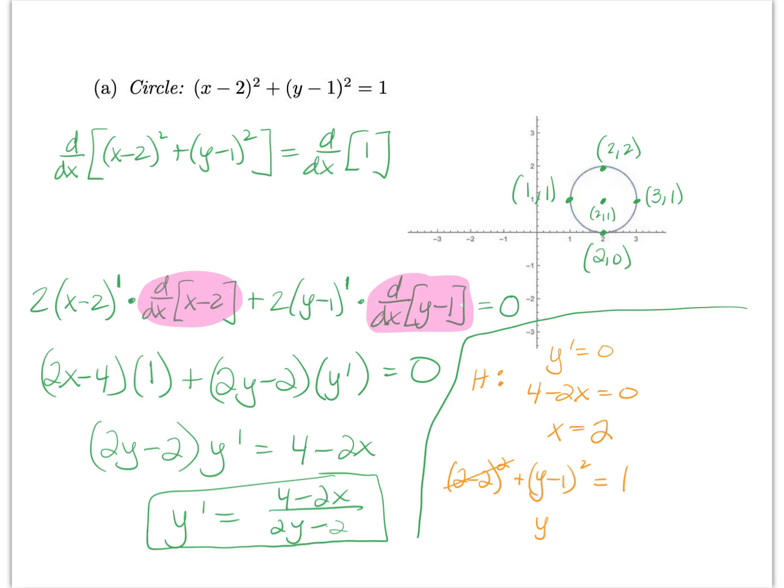So I have y − 1 equals plus or minus 1. So y equals 1 plus 1 is 2, and negative 1 plus 1 is 0. So my points are going to be (2, 2) and (2, 0). And I'm out of space for horizontal. I'll go to the next slide for vertical.